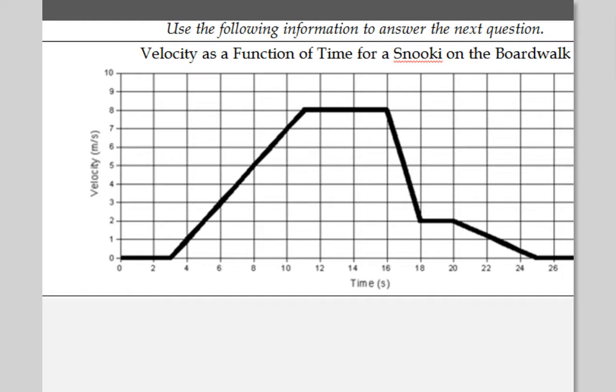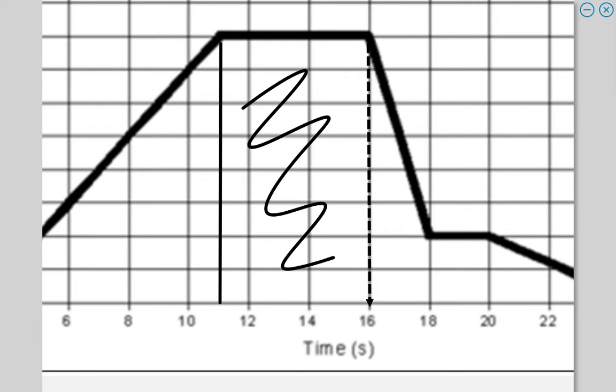Let's just sketch in some lines. And you guys go to the x-axis. 11 to 16. Shade that region. We need to find the area of that rectangle. What's the length of that rectangle? 11 to 16 is 5. And it's 8 up, right? 8 times 5, 40.